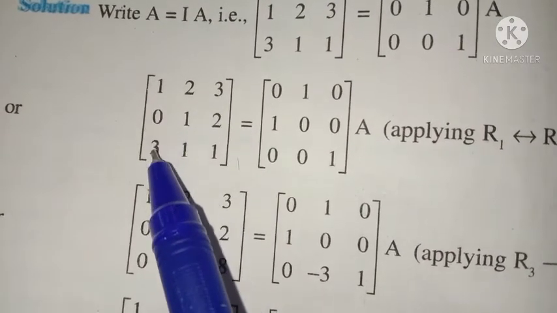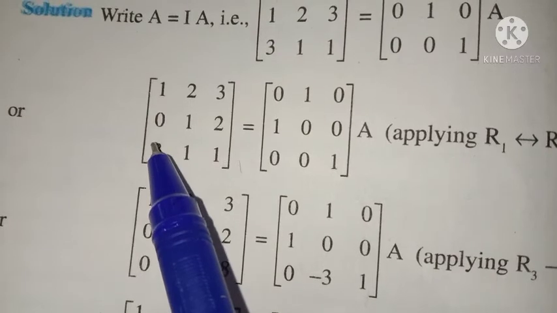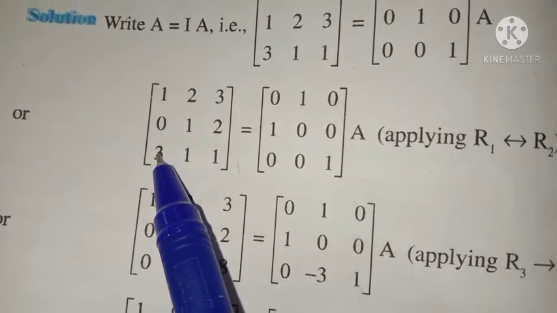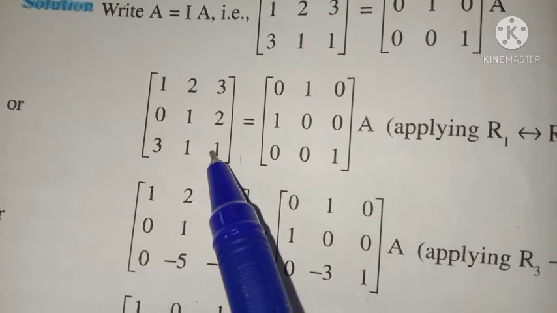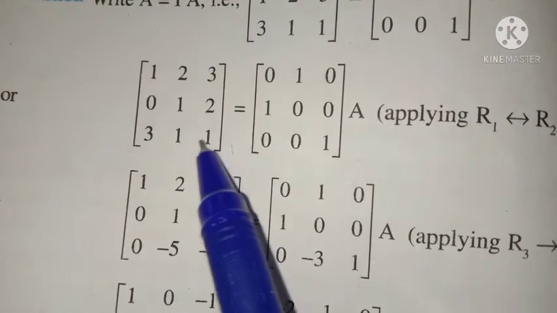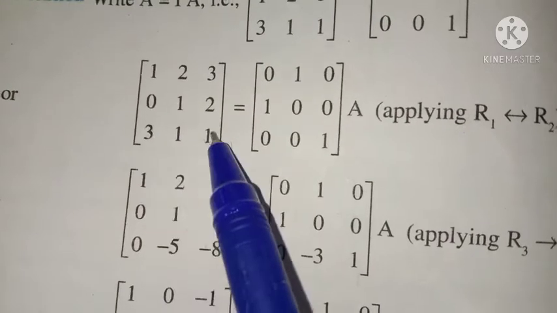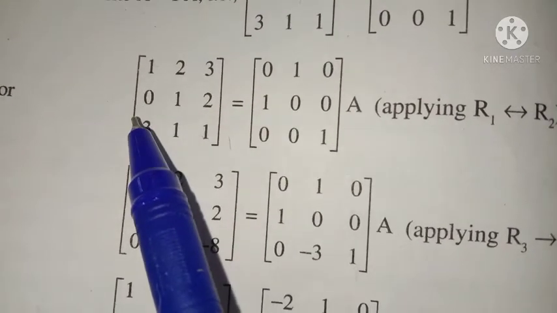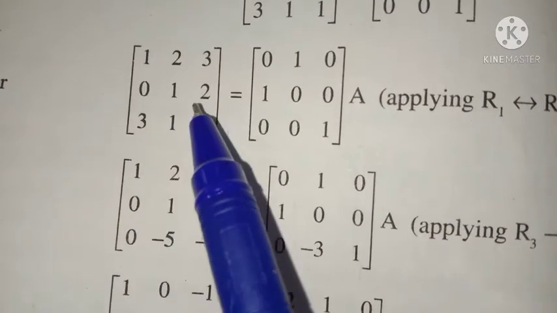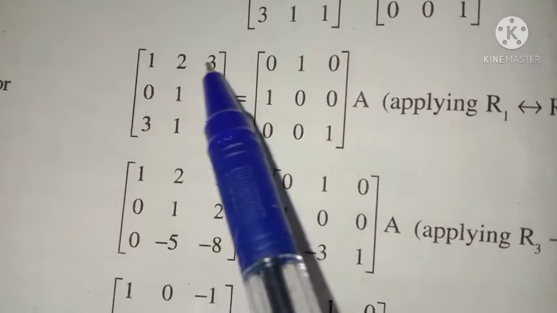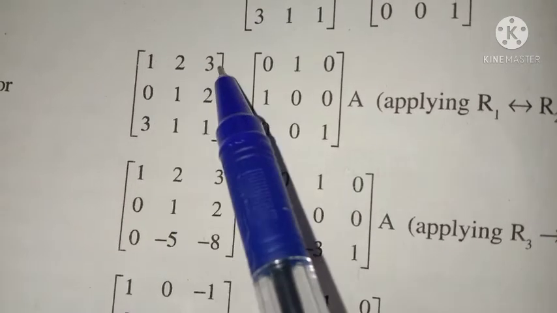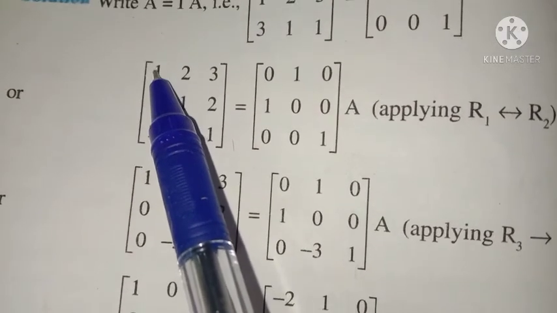Next step is we want to change this 3 to 0. Okay. Now this 3 belongs to the third row. So we want to change this third row. To convert this third row, listen, first we are multiplying the first row by a scalar, multiplying by 3.